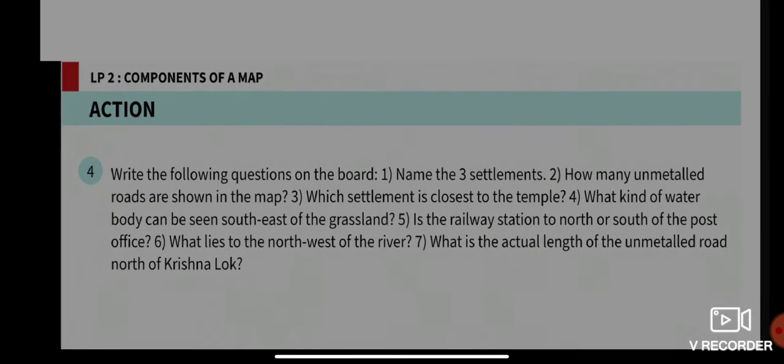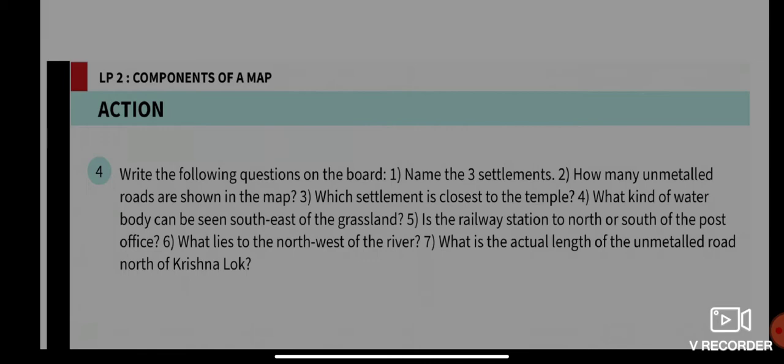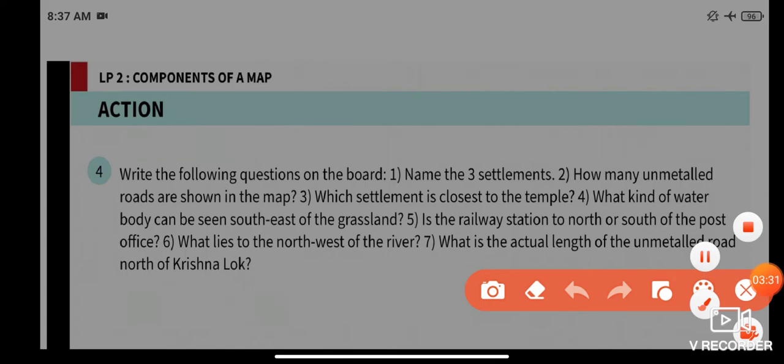Now I want all of you to write this particular question point into your notebook. Okay, you can pause the video and write the given points into your notebook. All right, point 1 till 7. Point 1, name the 3 settlements. 2. How many unmetalled roads are shown in the map? 3. Which settlement is closest to the temple? 4.